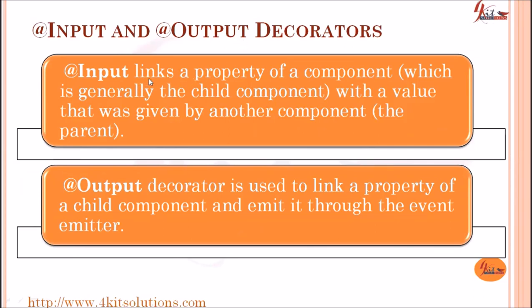This input decorator links a property of a component, which is generally the child component. Suppose I want to send a value from the parent component to the child component. For that, we use this input decorator. And if we want to send some information from my child component to the parent component, we'll use this output decorator.